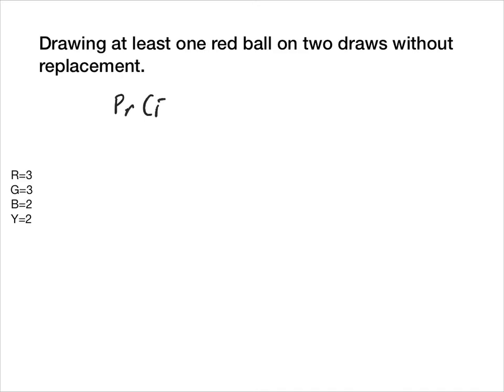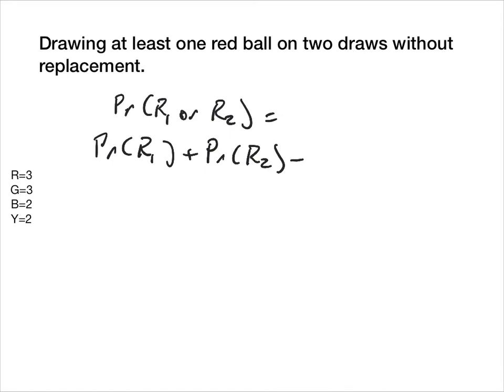The probability of a red ball on the first one or a red ball on the second one equals, okay, the probability of a red ball on the first draw plus probability of a red ball on the second draw. Again, we have to subtract because we can get a red ball both times. So that's going to be the probability of both of them happening, getting a red ball both times.